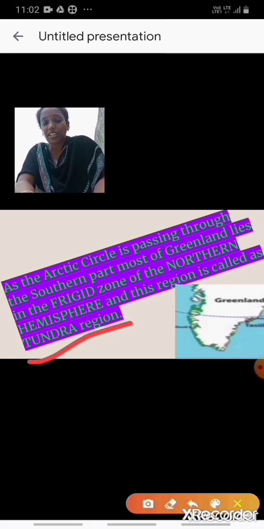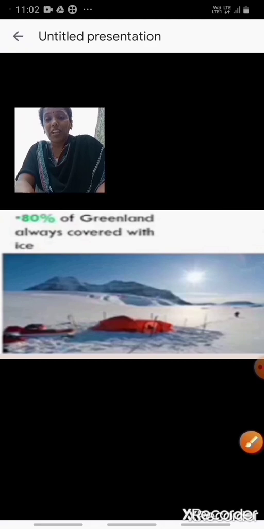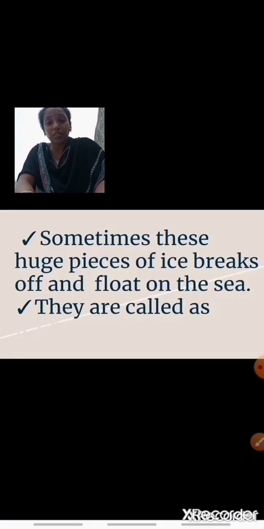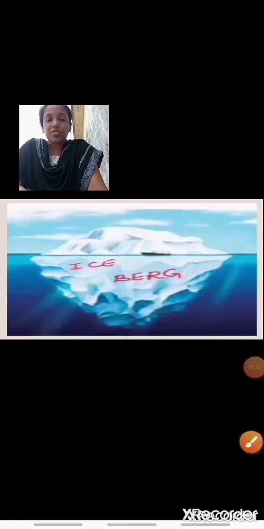We have already studied, children, that 80% of Greenland is always covered with ice and snow. Sometimes huge pieces of ice break off and float on the sea, and they are called icebergs.